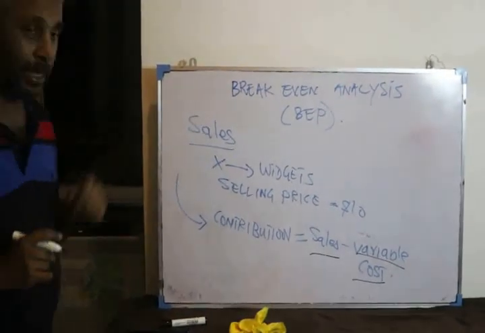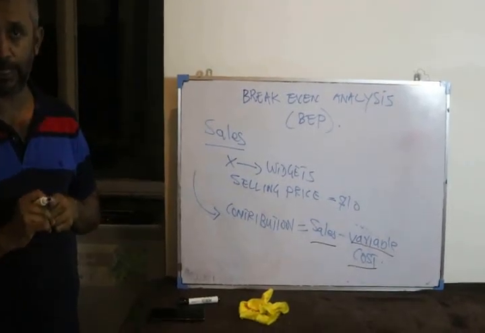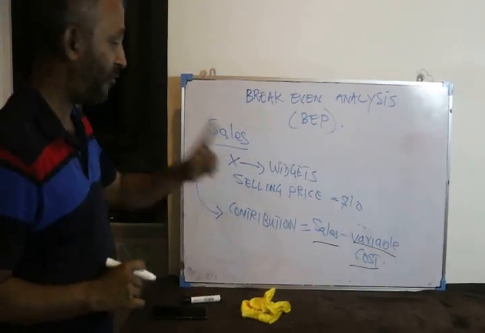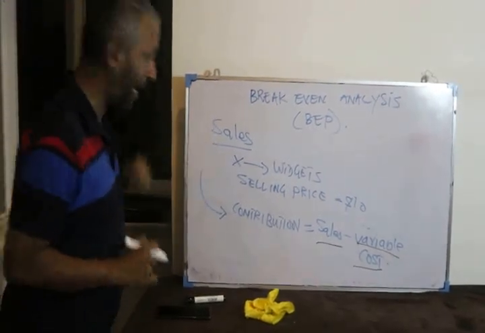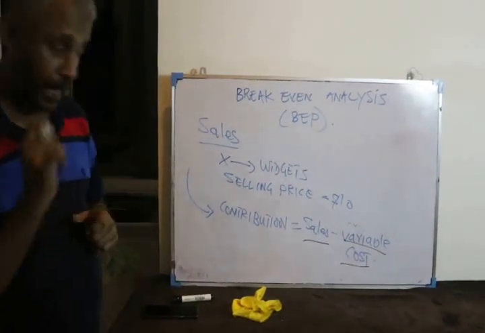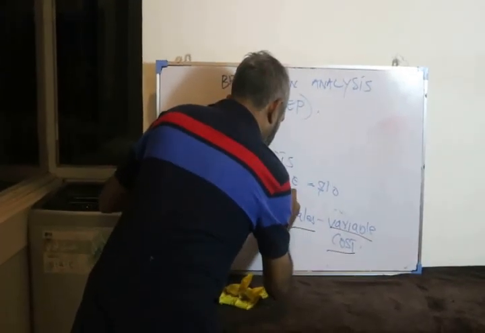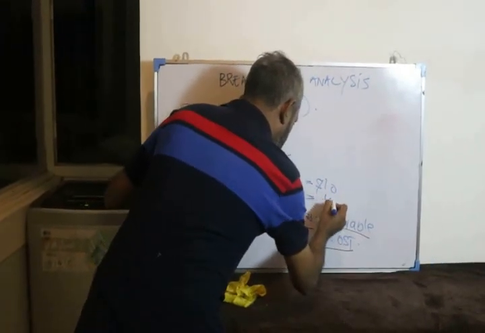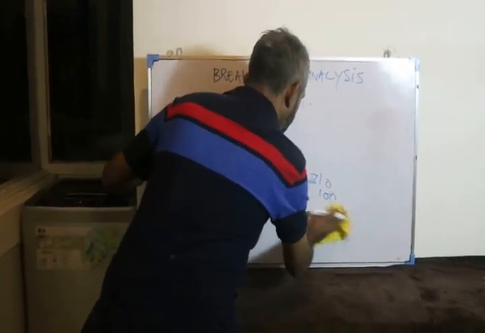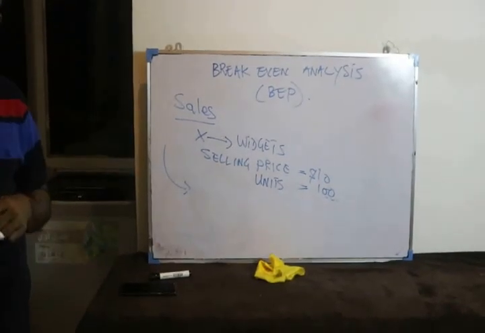Mind you, in my lecture series, I'm going to use the currency US dollars for the convenience of all the viewers. So the selling price of one widget which company X sells is $10 per unit. And if I assume the number of units company X sells is 100.